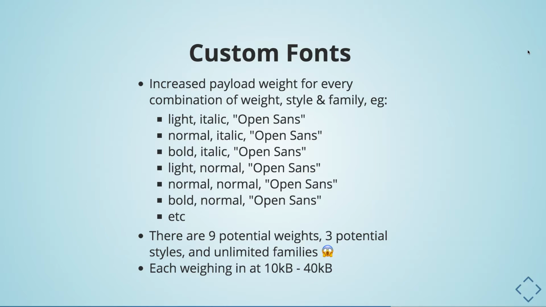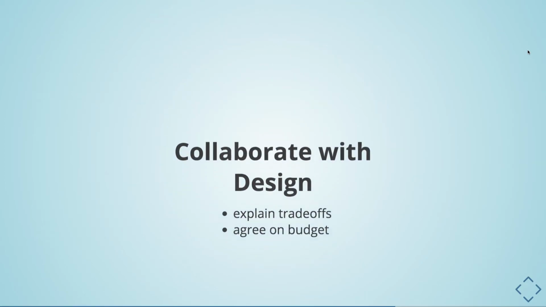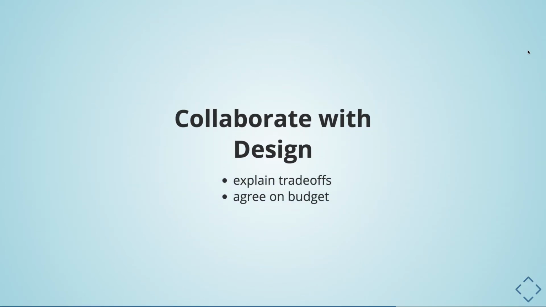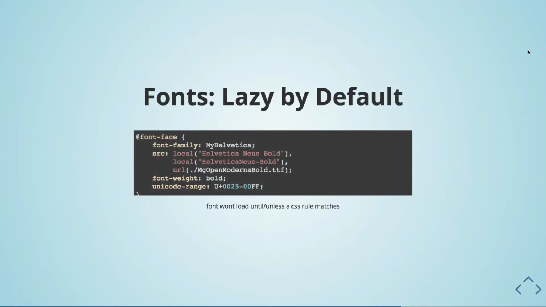And there are 9 potential weights, 3 potential styles, and unlimited families. So if you don't watch this, it's going to bloat fast. So best advice is collaborate with the design team on this one. There are trade-offs to be had. Again, create a budget, agree on it, and stick to it. There are things you've got to balance here, so balance them.